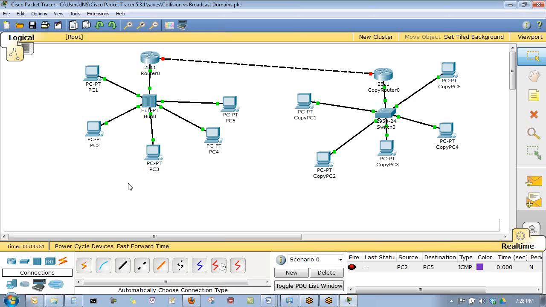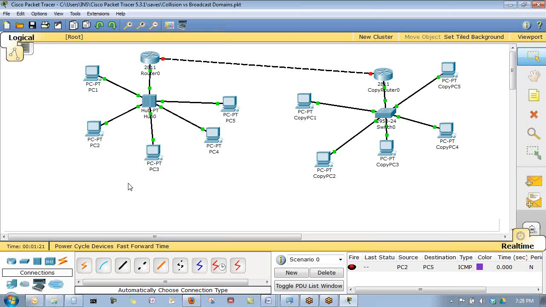Remember, what's the definition of a collision domain? A collision domain is a set of devices that must share a network medium, and if any of them attempt to communicate at the same time, we're going to have a problem, a collision.